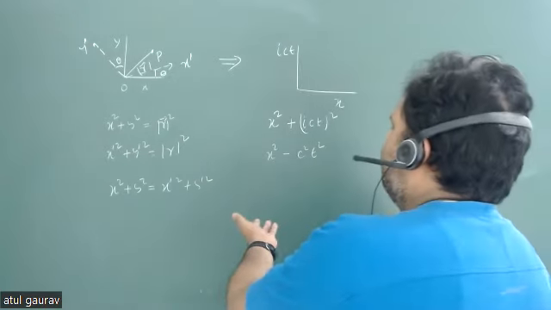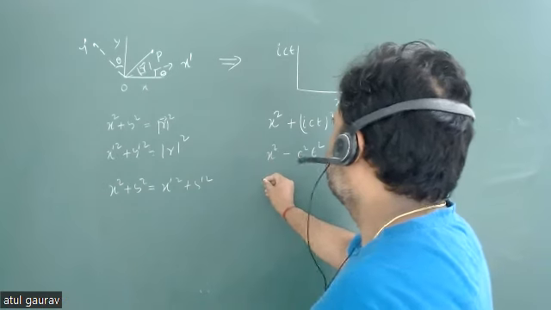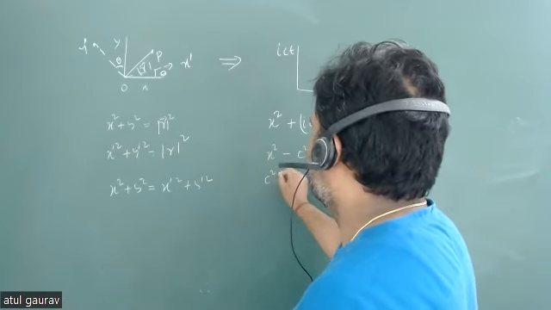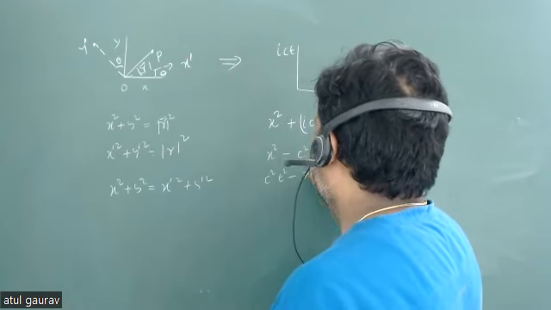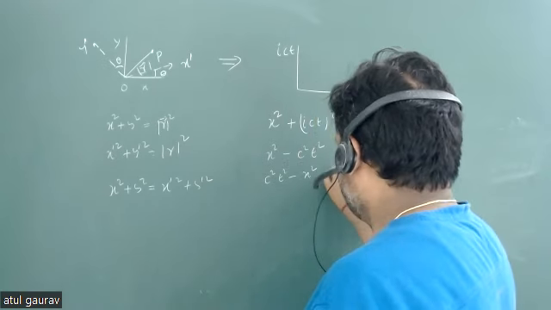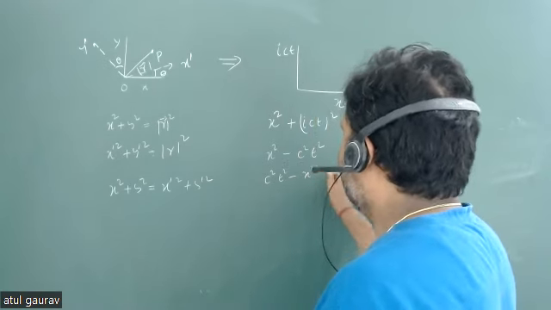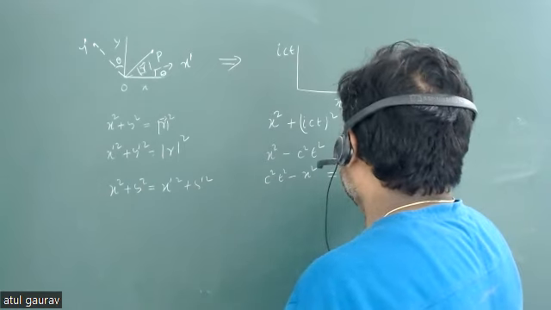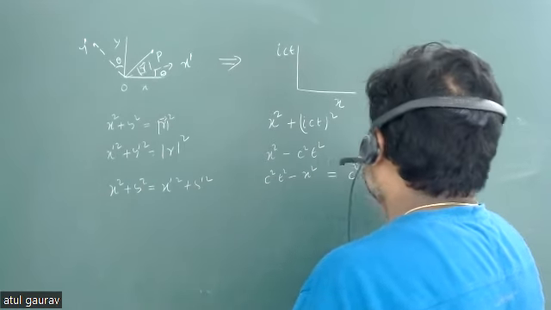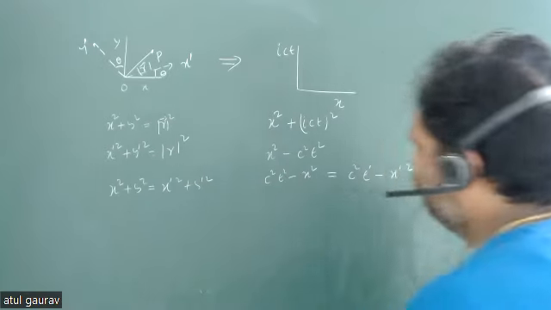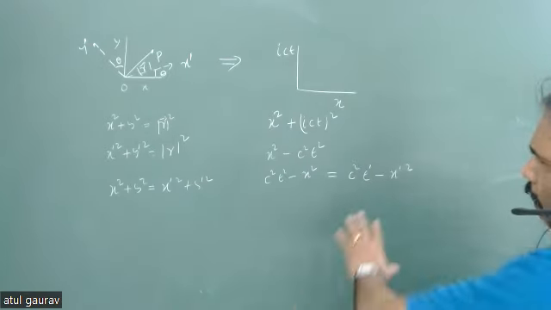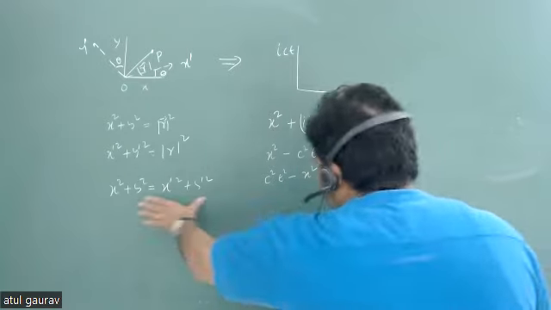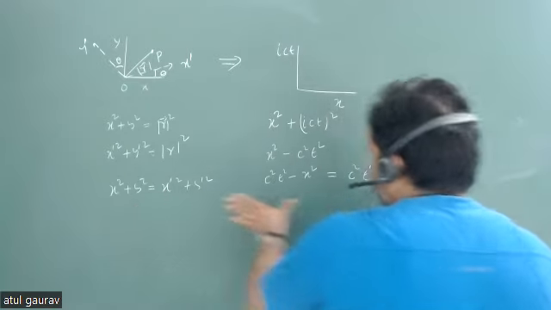Or you can write it the other way, c square t square minus x square. And what did we see? c square t square minus x square is equal to c square t dash square minus x dash square, isn't it? So there is some relationship between these two things.